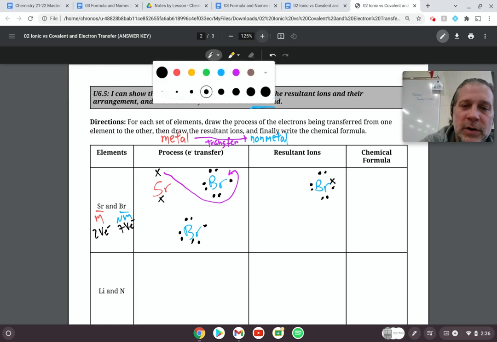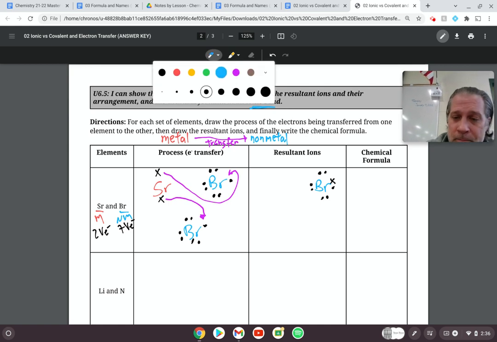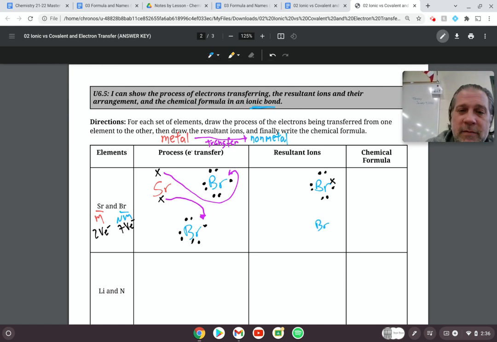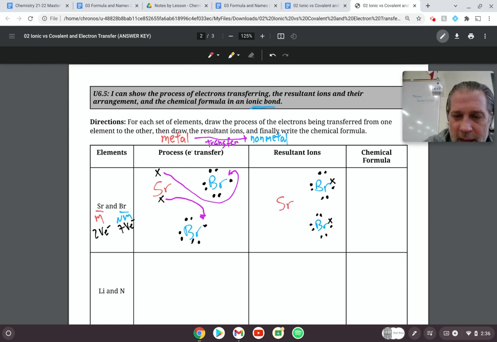And then I'm going to transfer this second electron from strontium to bromine over here. So now my second bromine has 8 valence electrons again. So it's top, bottom, left, right, top, bottom, left, and there's the one that was transferred from strontium. So now I'm going to bring my strontium over here and clean that up.